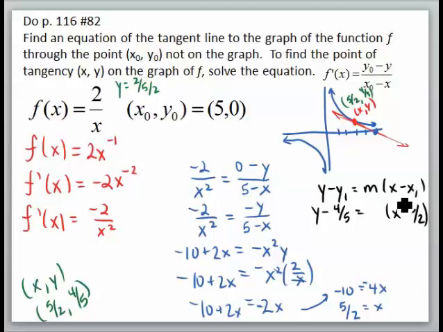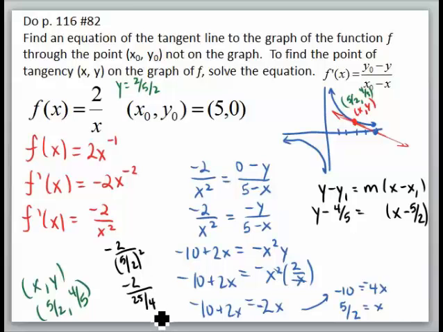And the way I'm going to have to do that is by plugging in my 5/2 into my derivative. So I'll take this over here and plug in my 5/2, which is my x value squared. That gives me negative 2 divided by 25/4. And so when I divide negative 2 divided by 25/4, I get negative 8/25. So this would be the equation of that red line there.